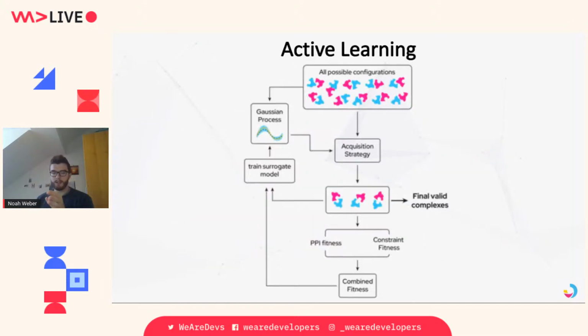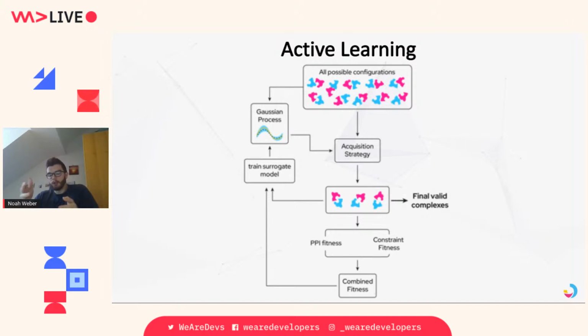And then just another excerpt, not to go into too much detail, this diagram essentially says what I already said with the Bayesian optimization loop. You have all these possible configurations, meaning different poses of molecules relative to each other. That's depicted in the blue and pink positions of the molecules. Then you're trying to evaluate what's the best final valid complex, meaning what's the best interaction between these molecules, and you evaluate this with some sort of fitness function.